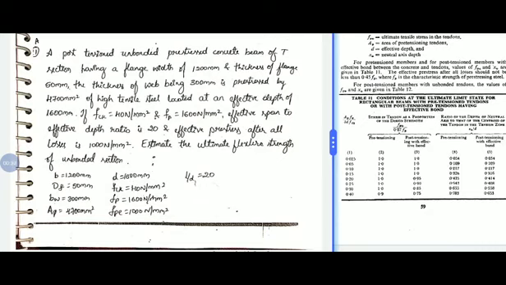If FCK equals 40 Newton per mm square and FP equals 1600 Newton per mm square, effective span to effective depth ratio is 20 and effective pre-stress after all losses is 1000 Newton per mm square. Estimate the ultimate flexural strength of unbonded section.